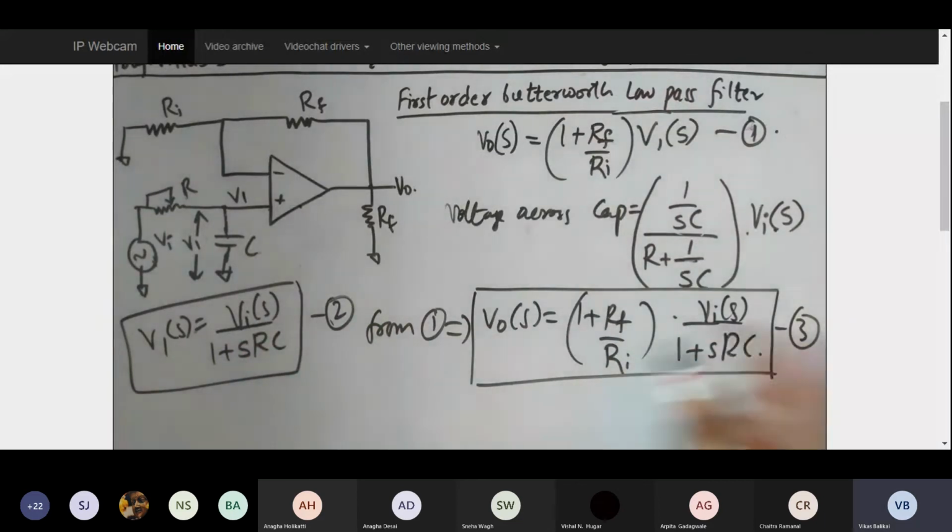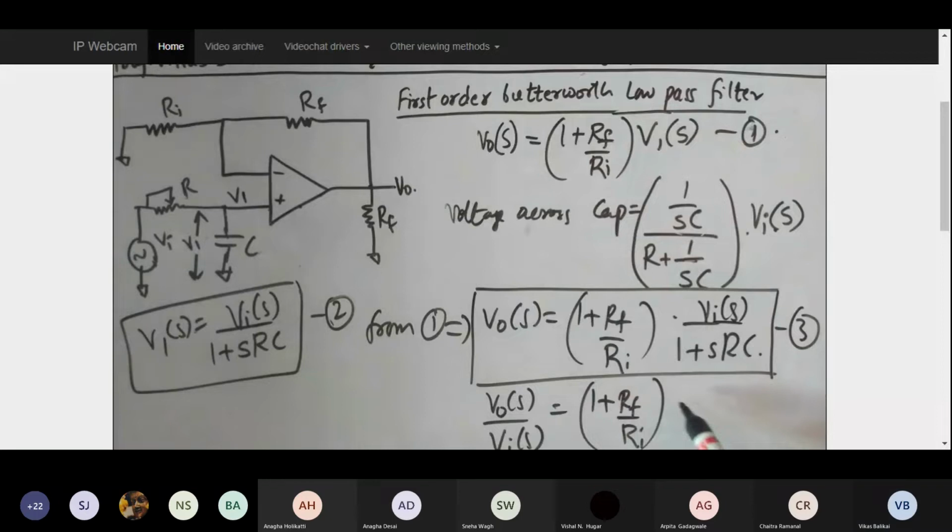Now let me bring this Vi of S down below this VO of S. So this is what will be my equation. The final equation is: VO of S divided by Vi of S is equal to 1 plus RF by R1 multiplied by 1 divided by 1 plus SRC.